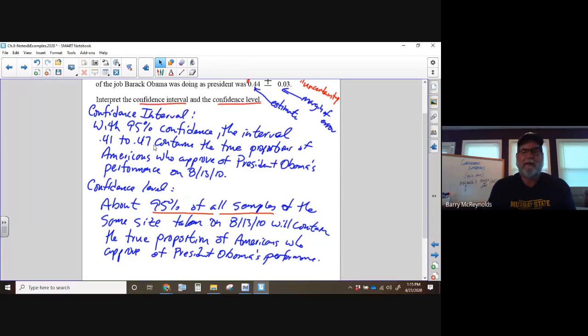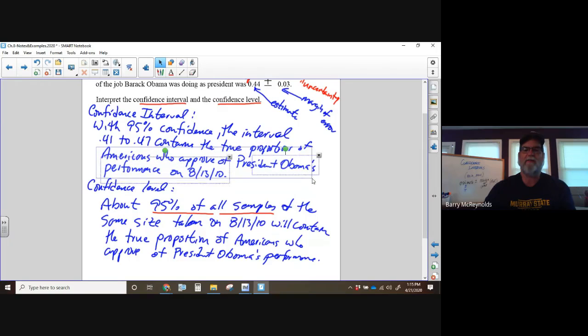And quite honestly, it's low-hanging fruit. All you have to do is remember that confidence interval talks about the range between the min and the max, and that the true population parameter, whether it's a proportion or a mean, is contained within that interval, and then interpret it in context.